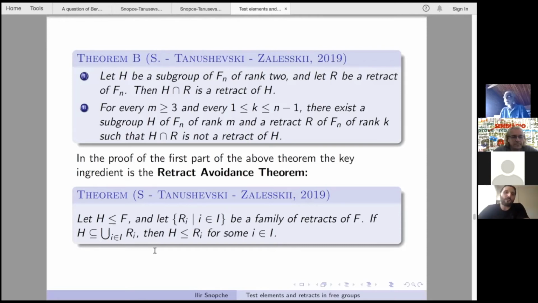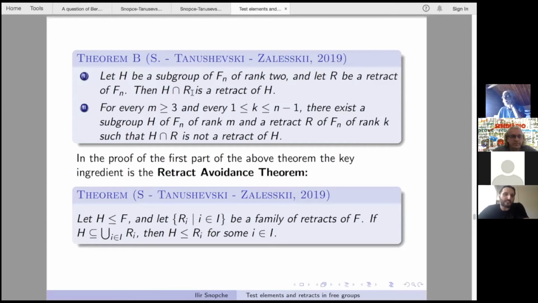So now, why do I say this is a key ingredient? So let us think here. First, we want to show that this is a retract of H. Of course, we can assume that this is non-trivial. If it is the identity, then it is a retract. So there are two cases.